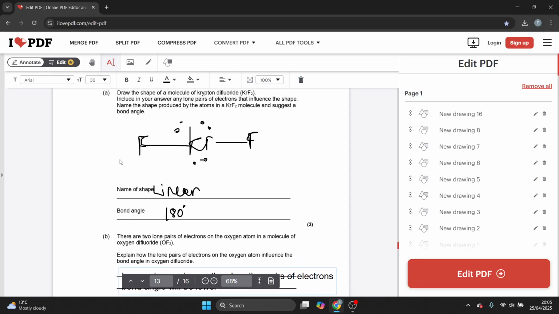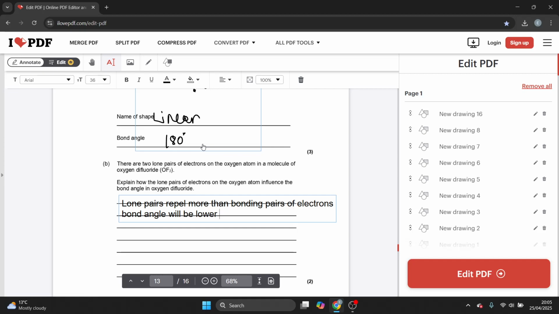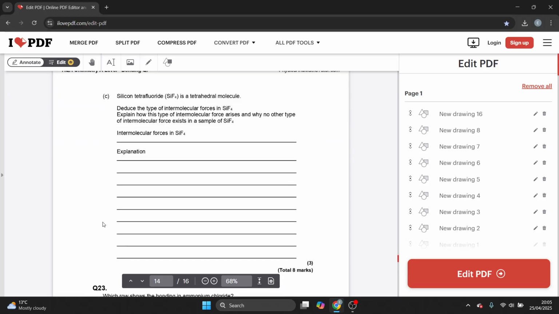I know one lone pair of electrons reduces the bond angle by 2.5 degrees. Actually, you just need to say the bond angle will be lower than the regular tetrahedral angle. You don't need to get into specifics of how much lower.